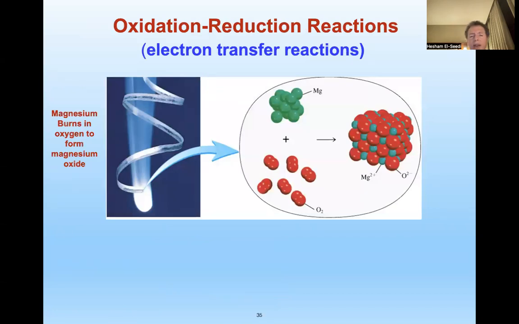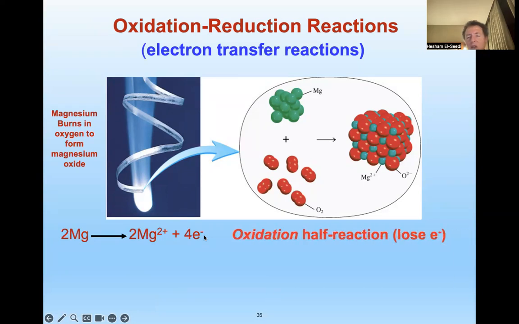Let us, for everything, usually take examples. So if you take magnesium and here is oxygen, it will give you magnesium oxide. So now this is the oxidation reduction reaction, or electron transfer reaction. Magnesium will give you magnesium ions plus electrons. It loses electrons.